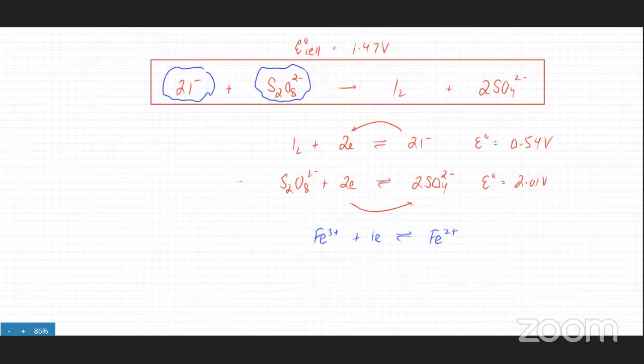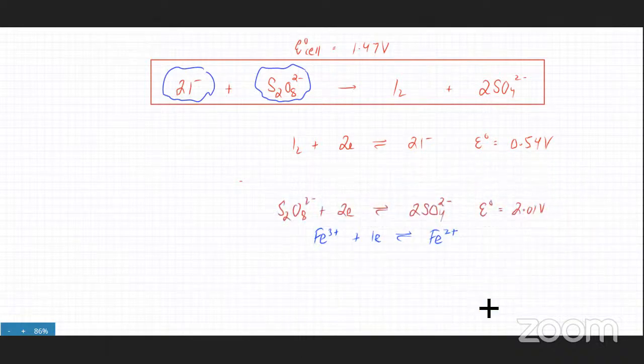Okay, this means these two will not react with each other. So what's going to happen is, because both of them are negative ions and they repel each other, S2O8 would react with Fe2 plus. S2O8 is going to gain electrons and Fe2 plus is going to lose electrons, because it's the lower potential. Double the Fe equation so that the electrons are equal.